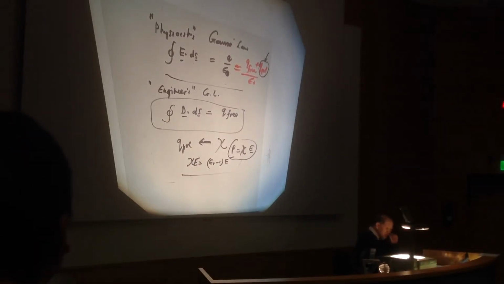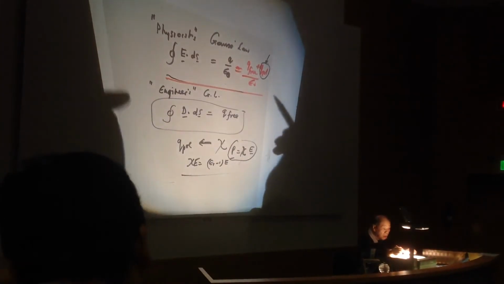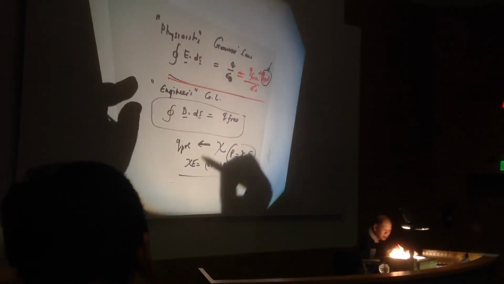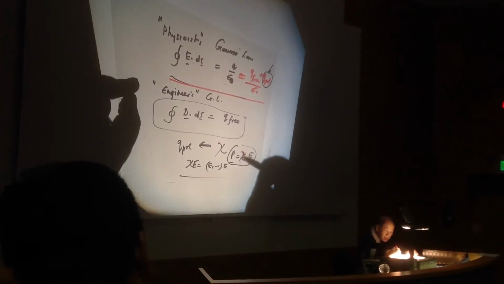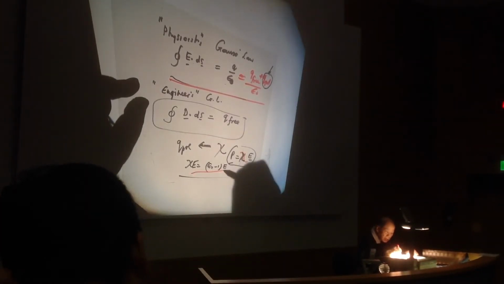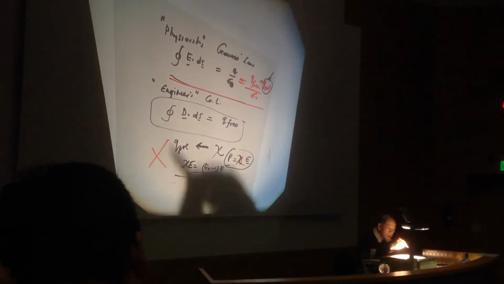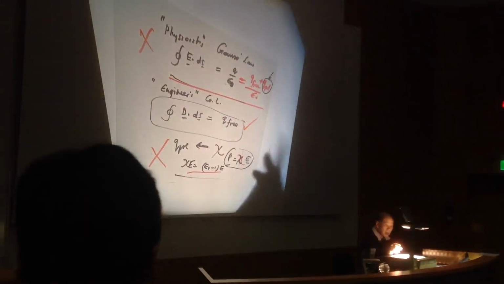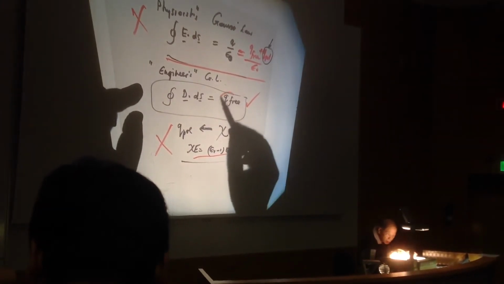So therefore you can see the engineer's Gauss's law says no. If you want to use the physicist's Gauss's law, you will have to find the polarization vector. You have to be given this, find E, and also find all kinds of things. So this is not necessary. So we feel that this engineer's law is Q free.